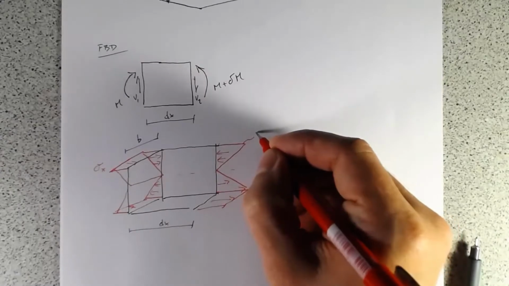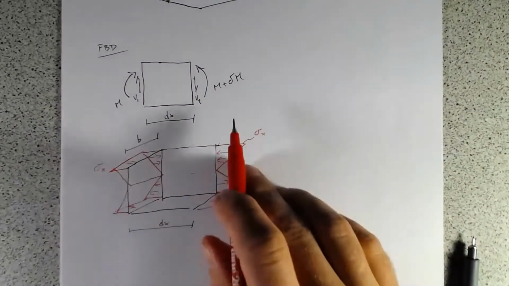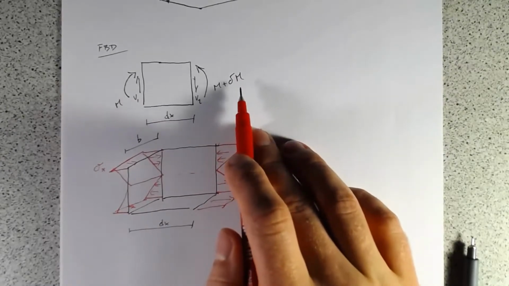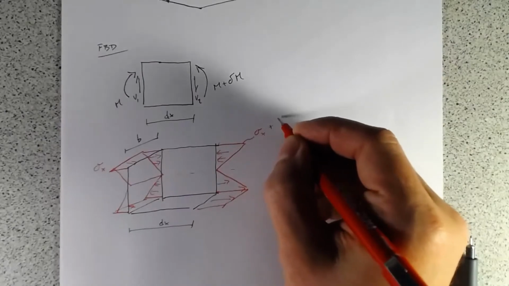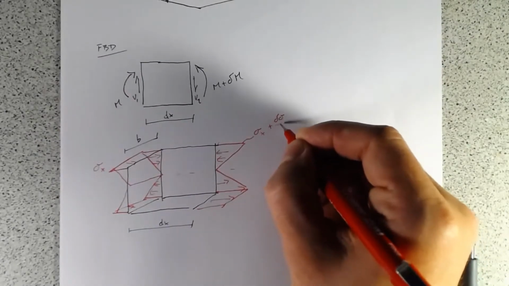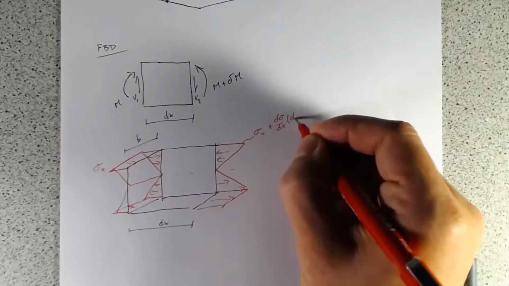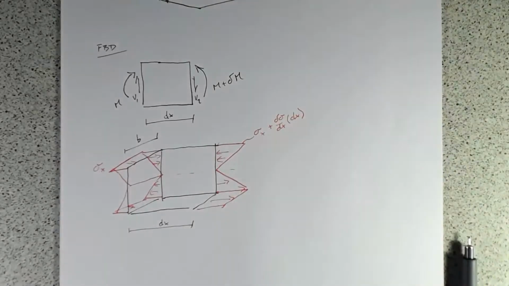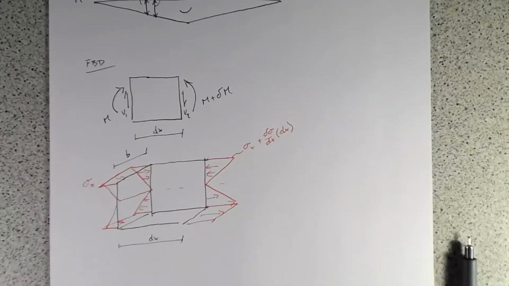And that value is just going to be sigma x plus this small change in stress, which equates to delta sigma over dx times dx. By definition, that's just that extra little bit of stress which is located there. All right, so that's our bending stress.